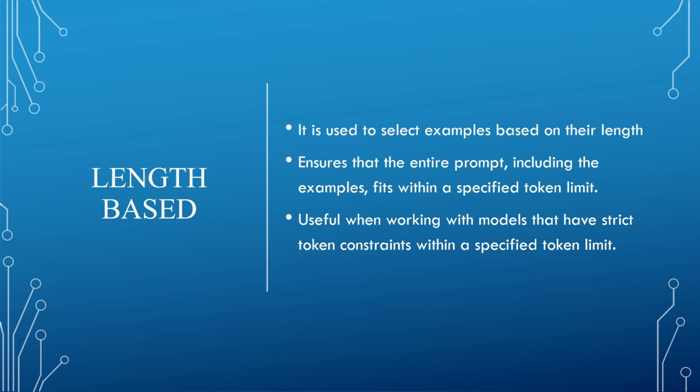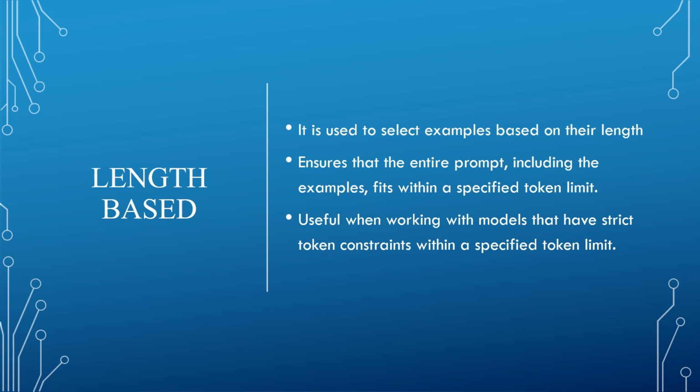Language models often have a maximum token limit, which is the number of words or characters they can process at one time. If your prompt exceeds this limit, the model might truncate the input, leading to incomplete processing and potentially less accurate or meaningful responses.